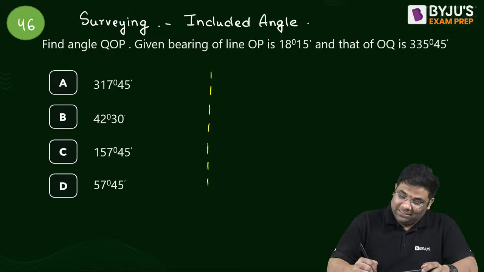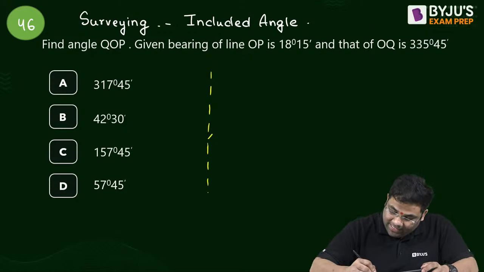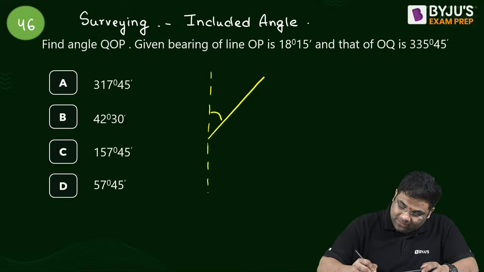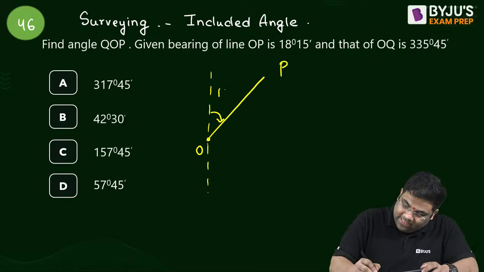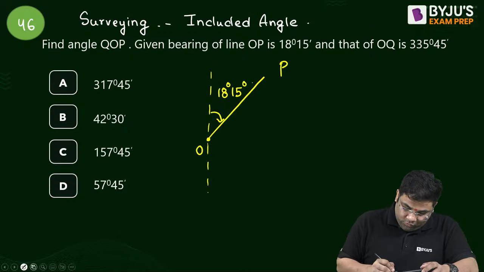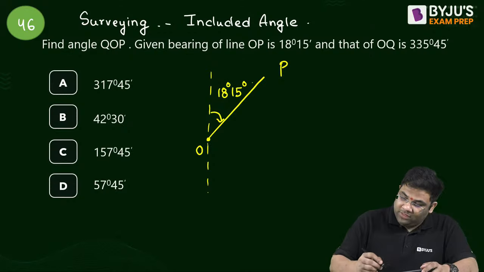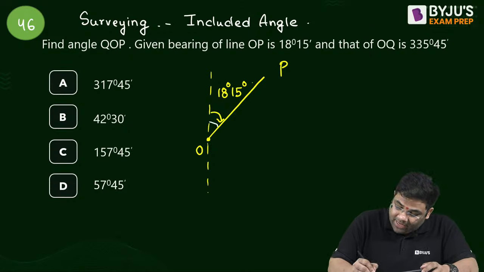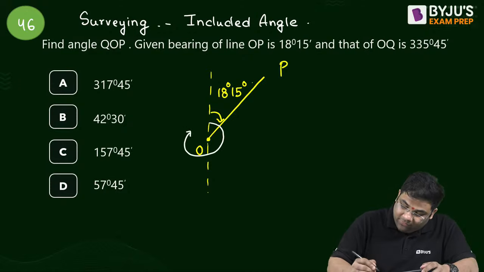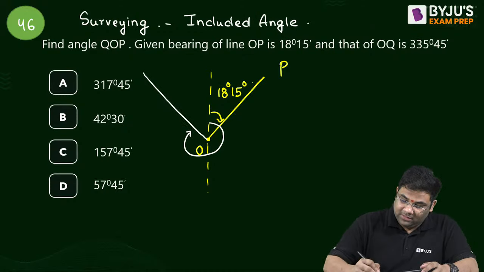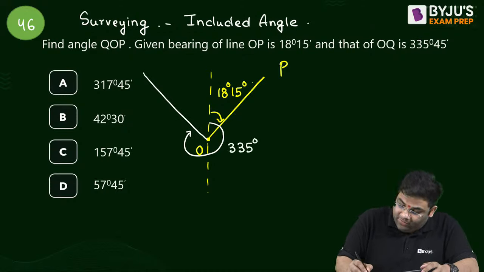No one? See, OP is 18 degree 15 minutes. Next one is OQ. OQ is given as 335, 45 minutes.